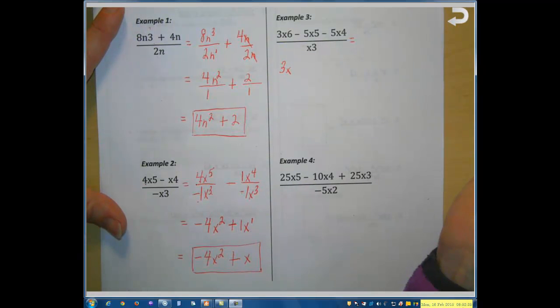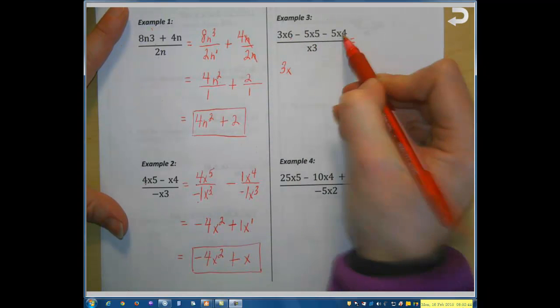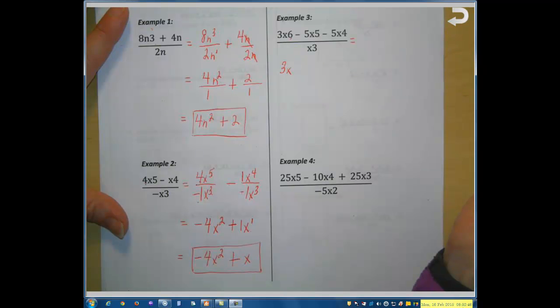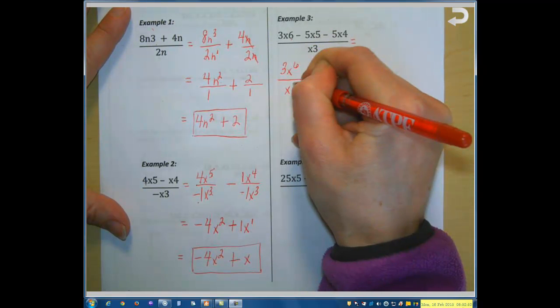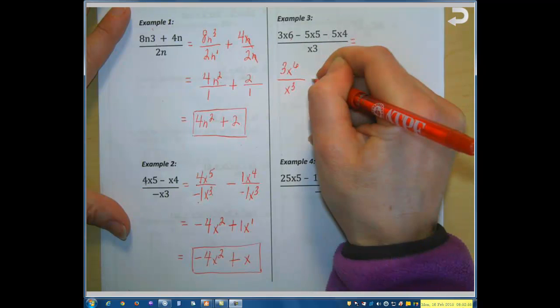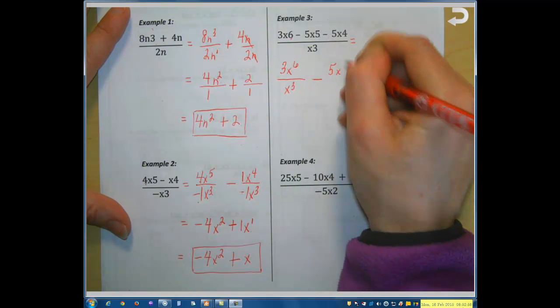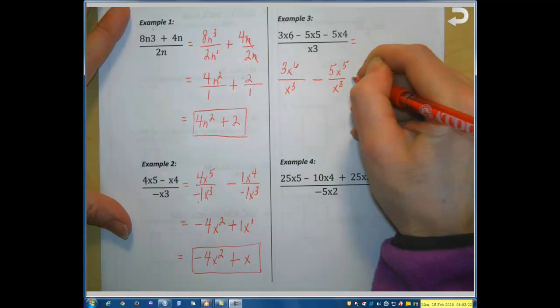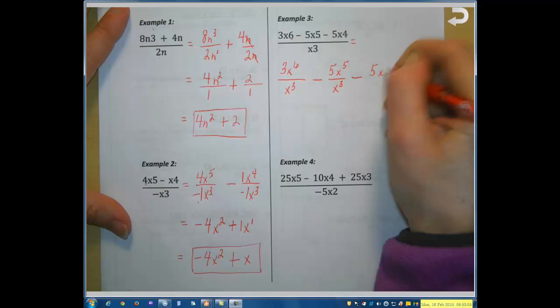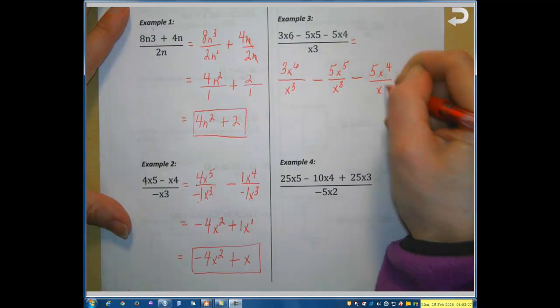Oh, I'm just realizing that my exponents did not come out as exponents on this. Sorry about that, guys. These big numbers are exponents, if you haven't understood that already. Okay, so this is 3x to the 6th over x to the 3rd minus 5x to the 5th over x to the 3rd minus 5x to the 4th over x to the 3rd.